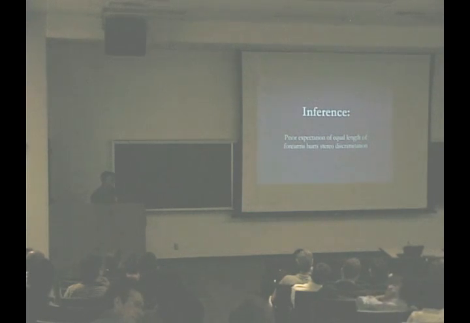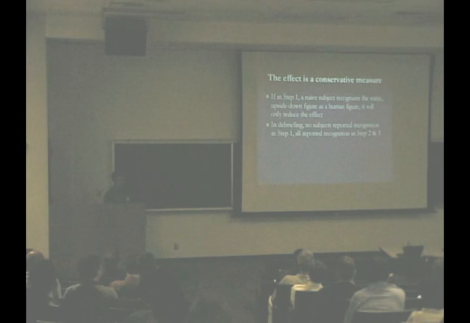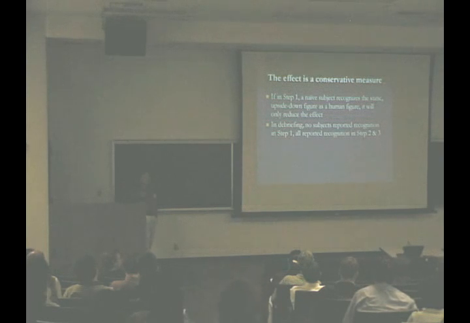So from this result alone, we infer that the prior expectation of equal length, or approximately equal length, of the two forearms actually hurts stereo depth discrimination. I should also mention that this effect is a conservative measure, because if some subject could indeed recognize in session 1 that this is an inverted human figure, it only makes our possible effect smaller, so it doesn't hurt our statistically reliable result.